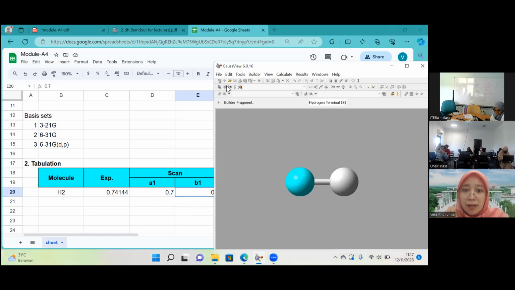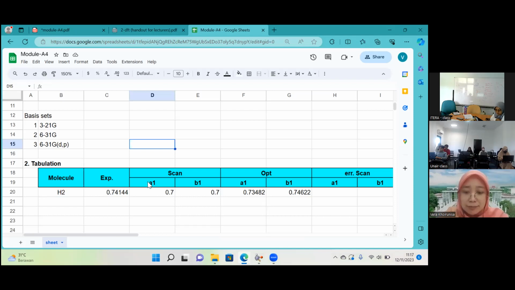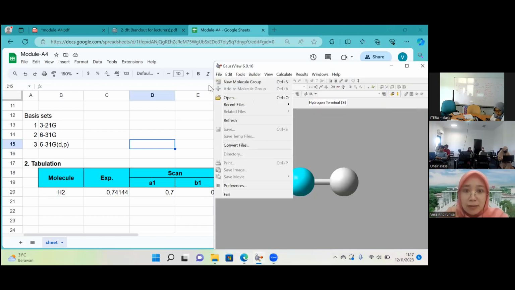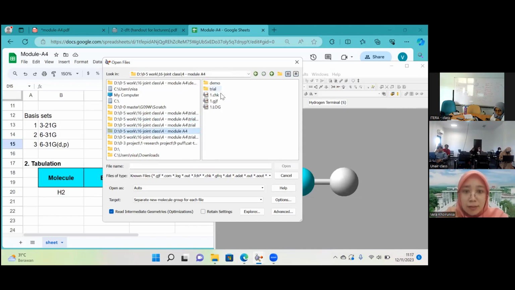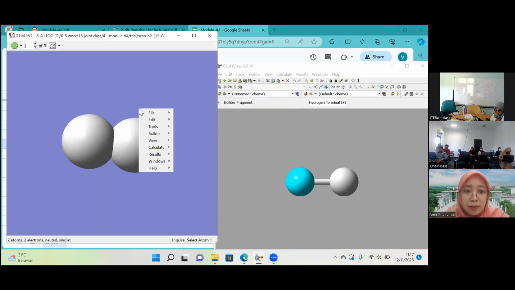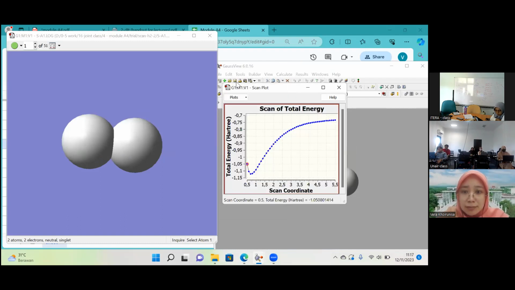So now, file, open, I will open the scan file first, for the SA1. This is the result, scan.